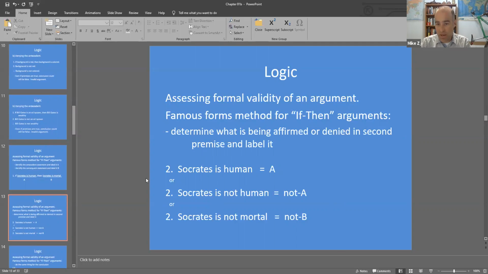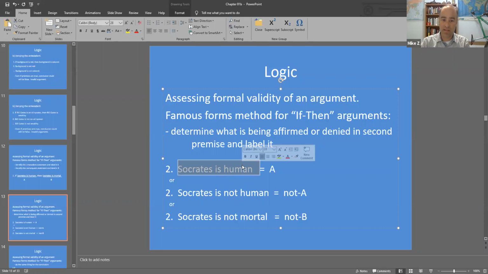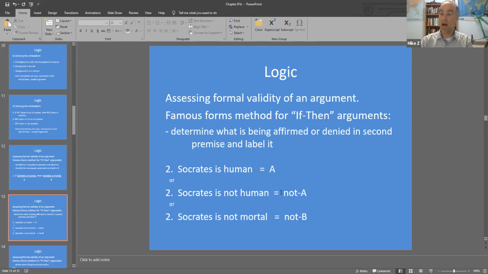And so here are some other ways. The standard form when we're doing this is the affirmative. So Socrates is human, that would be the standard form. And so we would just give that a single capital letter, like capital letter A. But if the statement was actually telling us Socrates is not human, then we take the standard form, the affirmative, Socrates is human, and put a not in front of it, right?